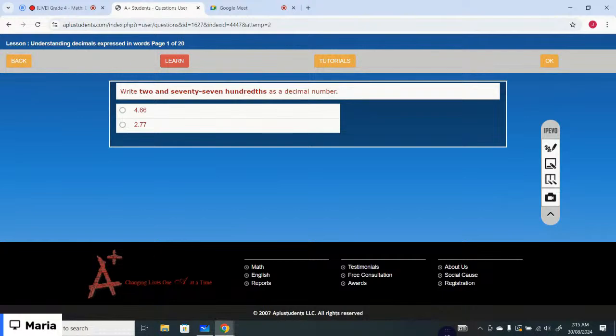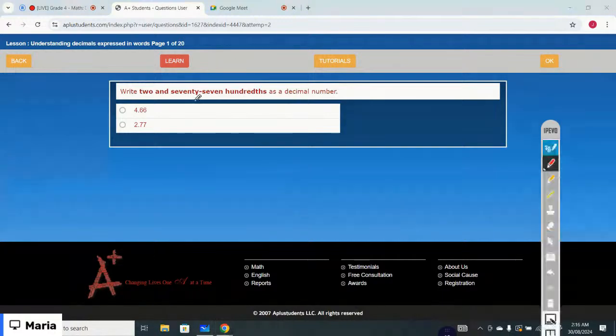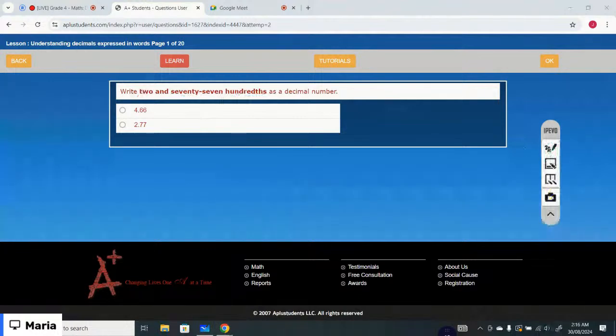The correct option is option number 2. That is 2.77. You have 2 and 77 hundredth, so this 2 is the digit at the ones position, and 77 hundredth. So that is 2.77. Very good, that is the second option.